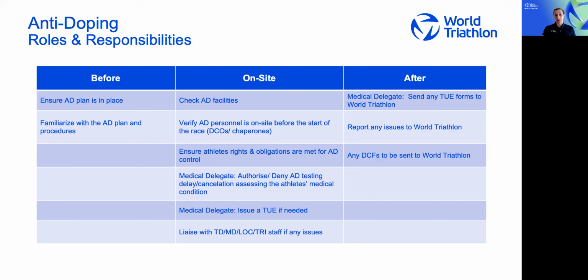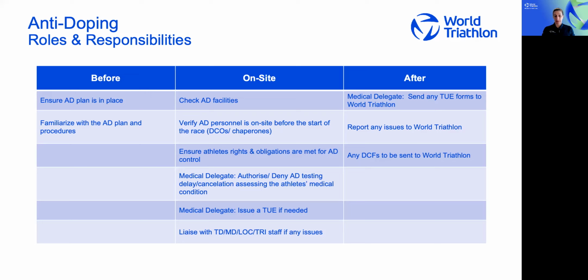And particularly for the medical delegate, they are responsible to authorize or deny the anti-doping testing, assessing the athlete's medical condition. They can also issue a therapeutic use exemption form if needed.